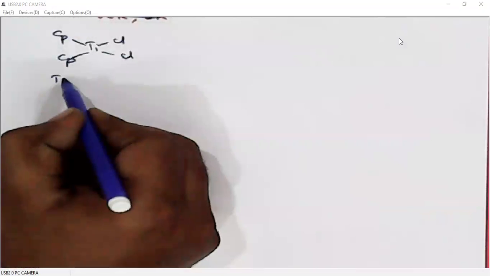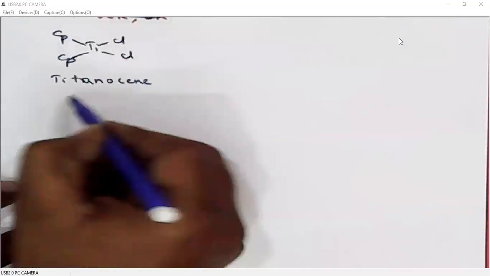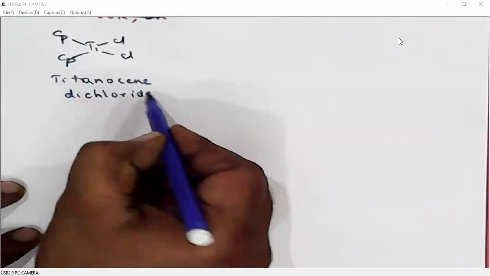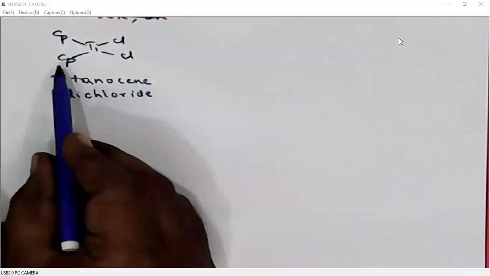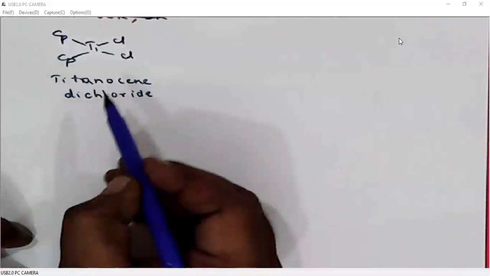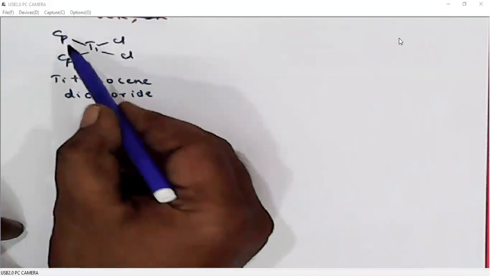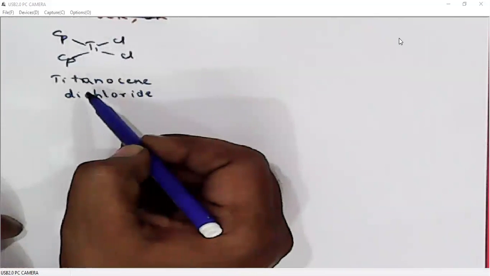This is called titanocene dichloride. Cp means cyclopentadiene. Like ferrocene, when we have two cyclopentadienes and a metal, we call them metallocene.